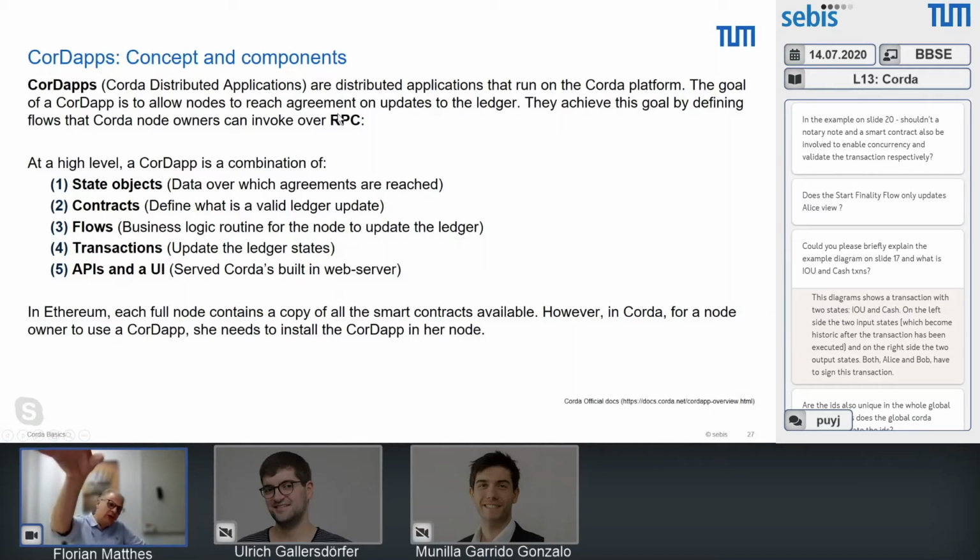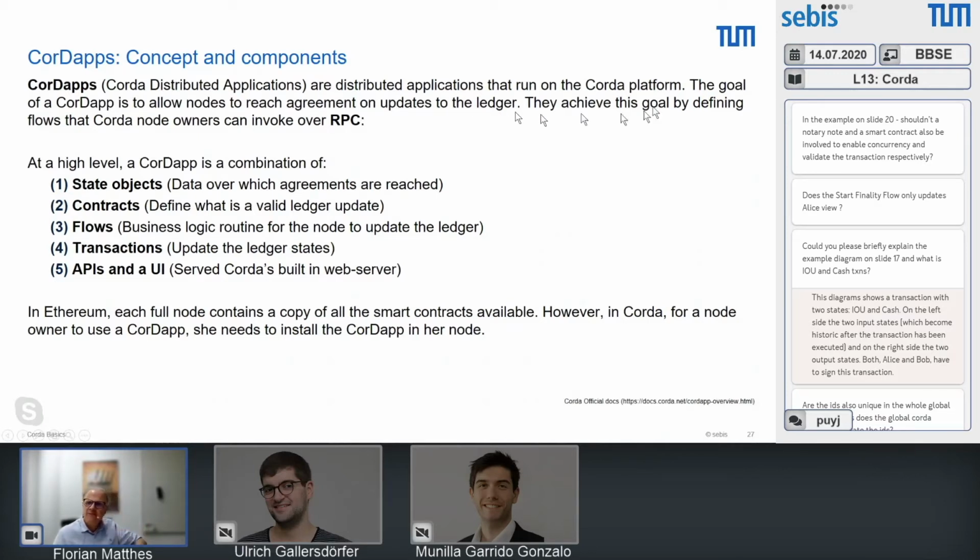Okay, and we don't look at how you invoke it with RPC. We only look now at the flow definitions, the state objects, the contracts and the transactions, etc. So if we have such a CorDapp, which is a Corda distributed application, it is more or less this code which allows nodes to reach an agreement on updates of the ledger.